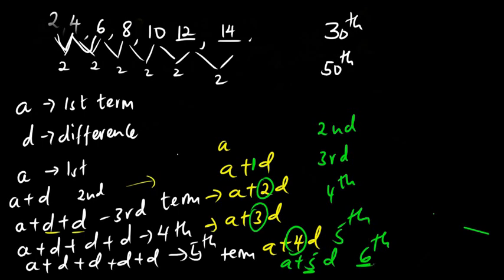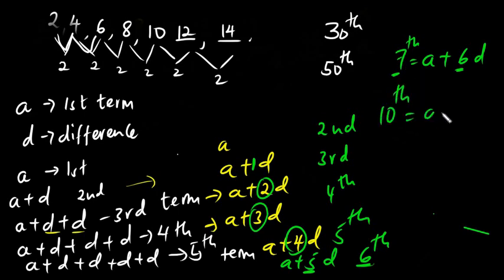If we are looking for the seventh term, it's going to be A plus 6D. The coefficient of D, which is 6, is 1 less than the nth term. What about maybe the 10th term?